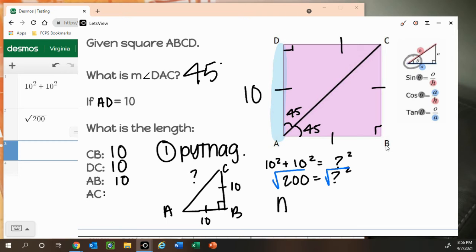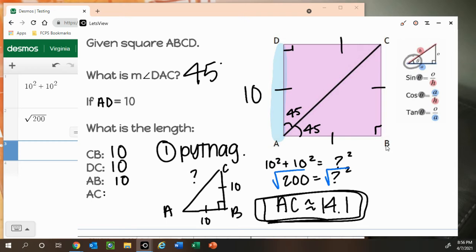That diagonal AC is about 14.1. Remember, if you ever have a decimal and you round, we have to use those squiggly lines. This is approximately, but not exactly, 14.1 because we had to round.